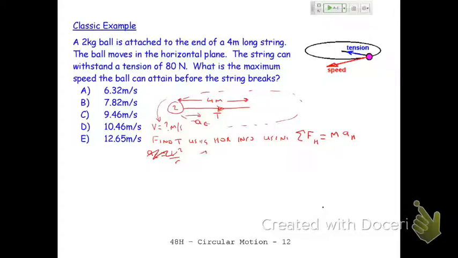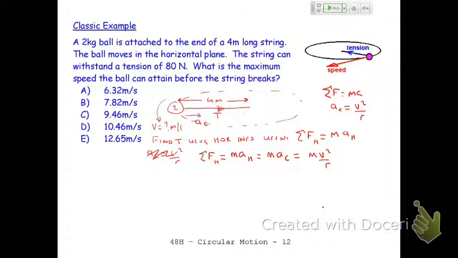So the sum of the forces horizontal is equal to MA horizontal, which equals MAC, because AC is horizontal, which equals MV squared over R. So I use Newton's second law, the sum of the forces equals MA, and I use the centripetal acceleration, AC equals V squared over R. So those were the 2 equations that I used.